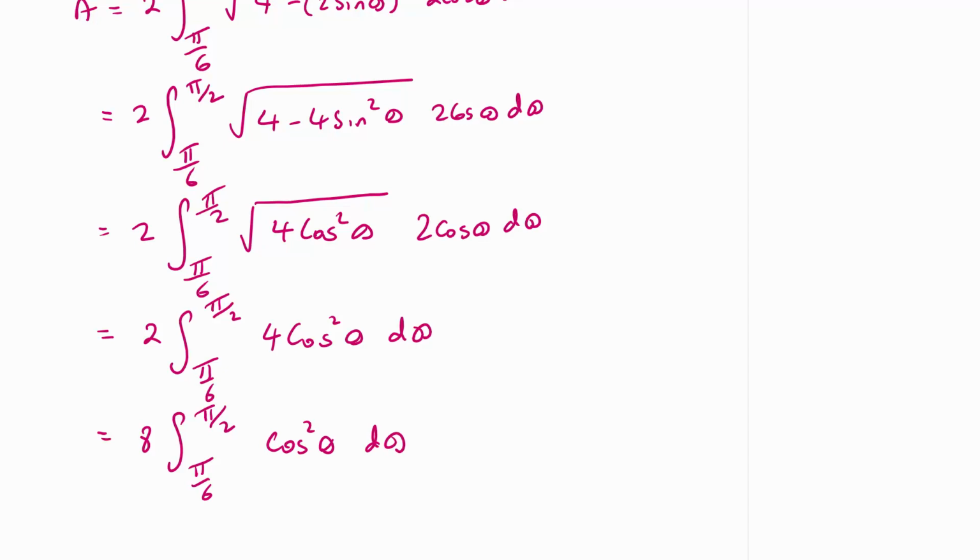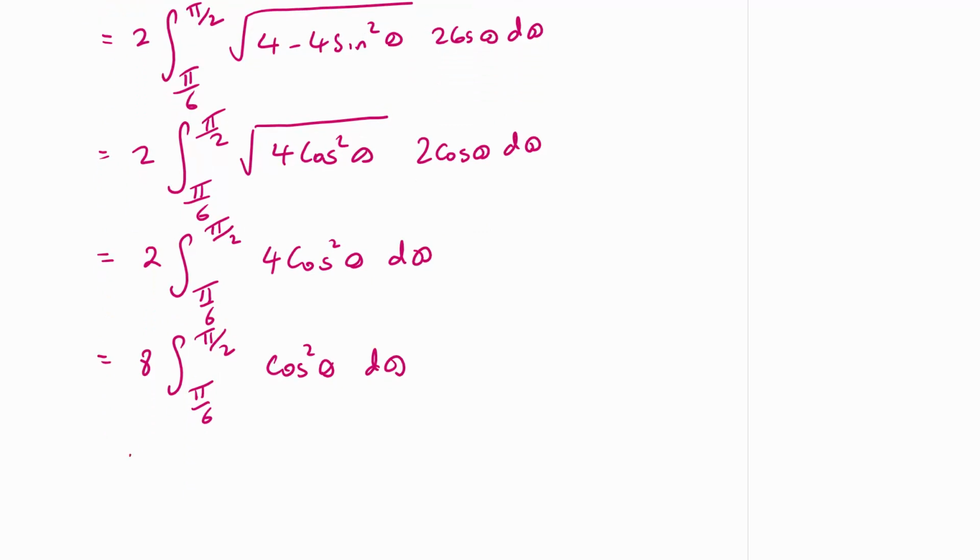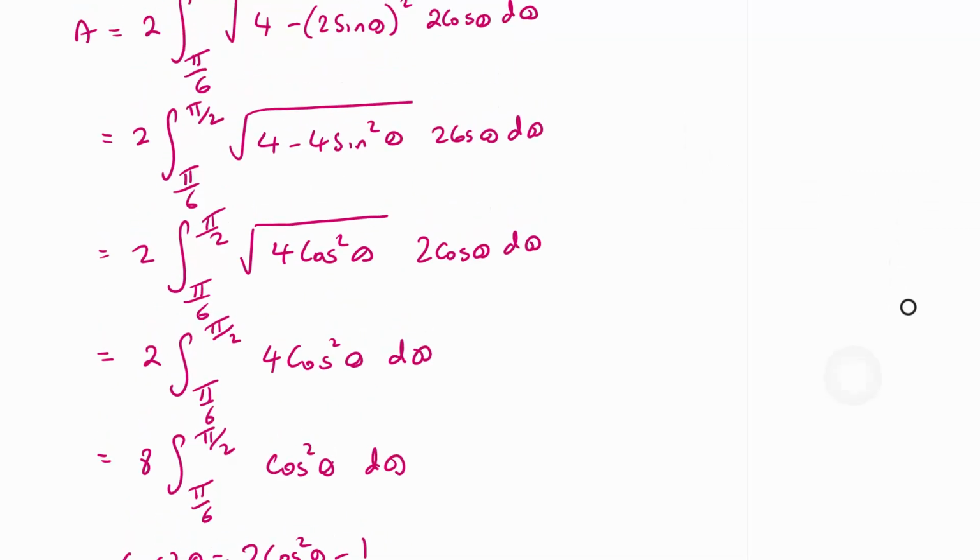And now we can use that cos 2θ = 2 cos²θ − 1. So 2 cos²θ would be cos 2θ + 1, and cos²θ is (cos 2θ + 1)/2.